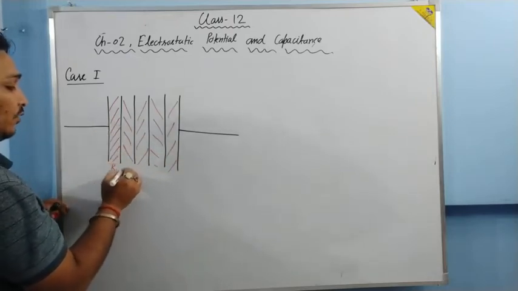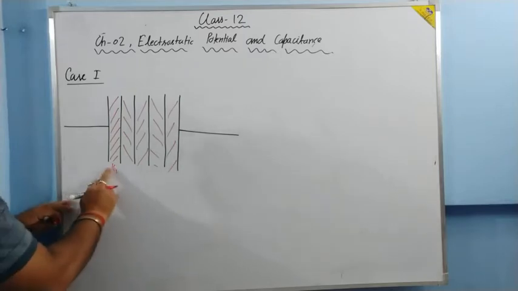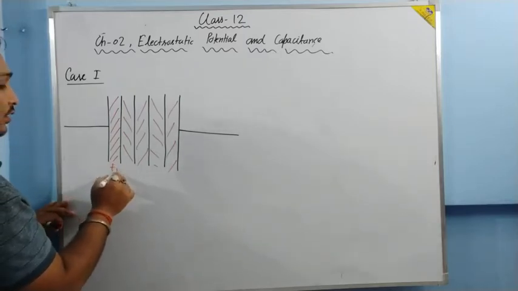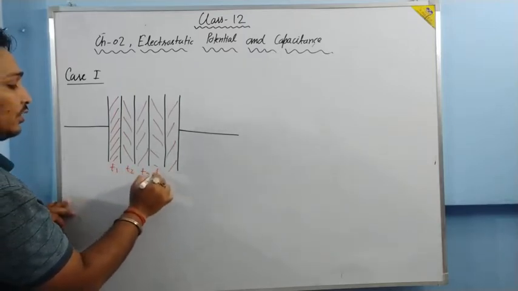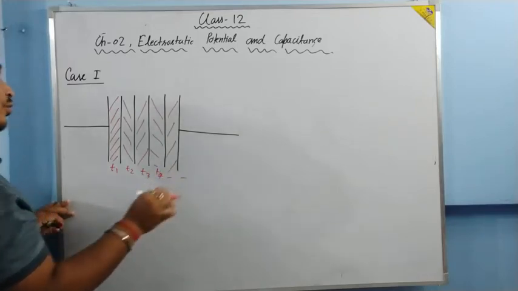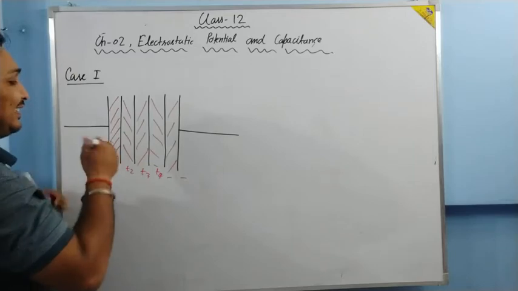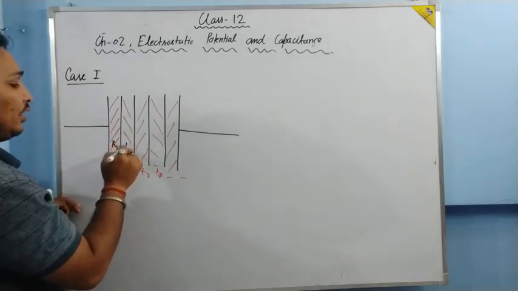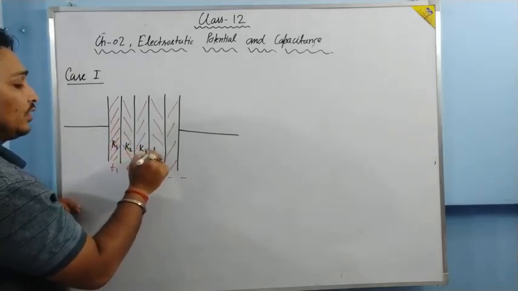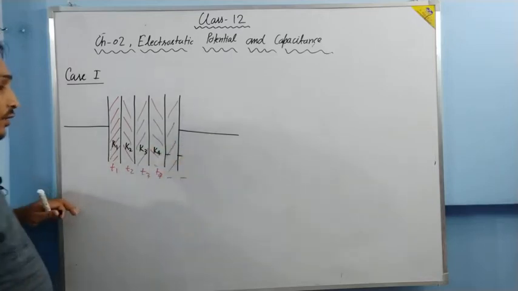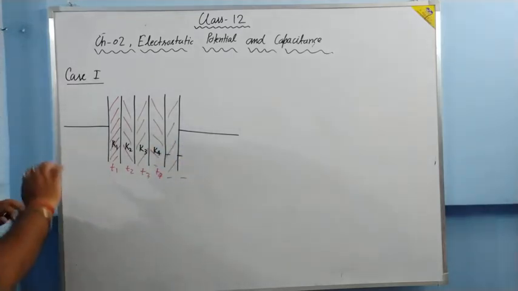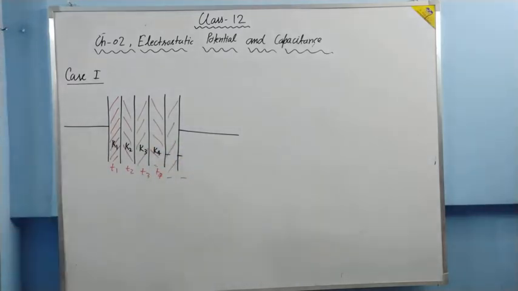Suppose this is of T1 thickness, this is of T2, this is of T3, this is of T4, and so on, so many are there. Suppose this has dielectric constant K1, this is K2, this is K3, this is K4. The plate area is obviously the same. How will we tackle this situation? Now what is the capacitance of this?